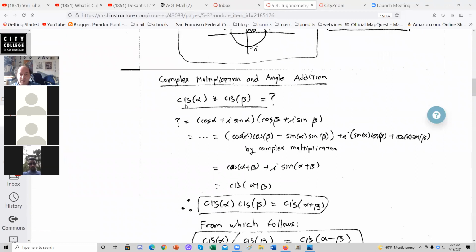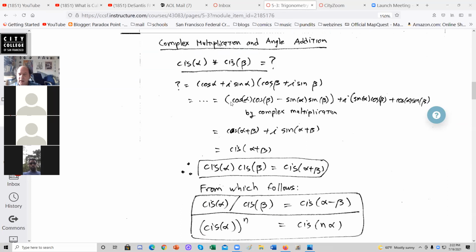What is it? Well, cis alpha is cos alpha plus i sine alpha, times cis beta, which is cos beta plus i sine beta. And then you multiply them out and churn through the arithmetic, and you'll get cos alpha cos beta minus sine alpha sine beta. That's the real part, plus i times sine alpha cos beta plus sine beta cos alpha. That's the imaginary part.